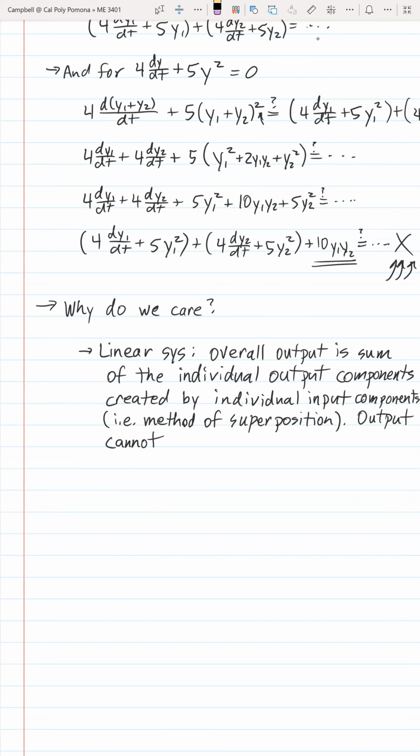So if maybe the beam is going into the plastic regime and we don't have this linear relationship between stress and strain anymore, the output cannot be simply the sum of the output components for a nonlinear system.